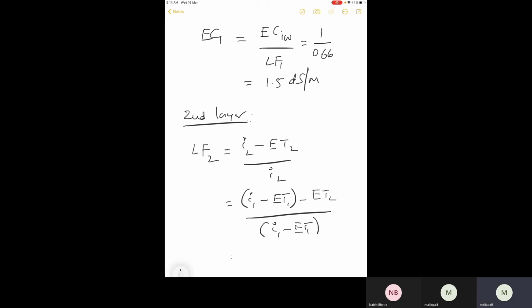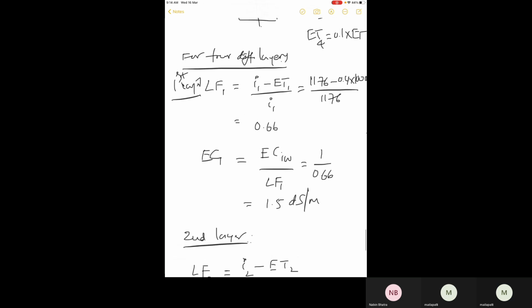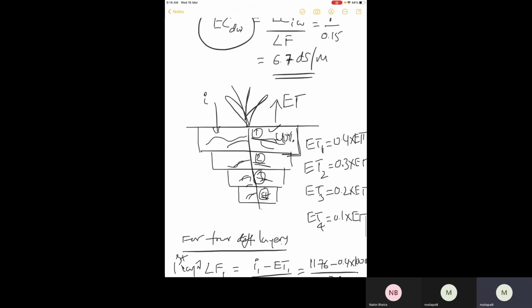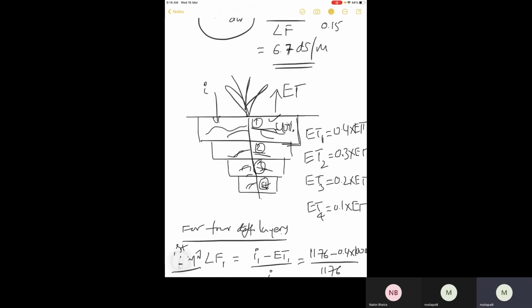right? So if you see this for the second layer, it's not I, so you have to take out the corresponding ET. So that is the effective I which is going in. That's what we have to consider.